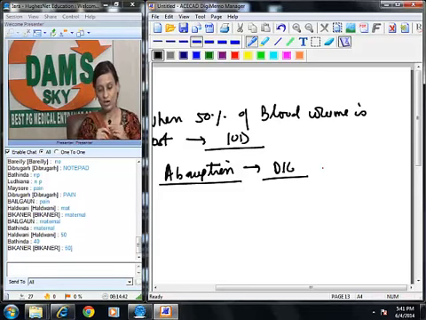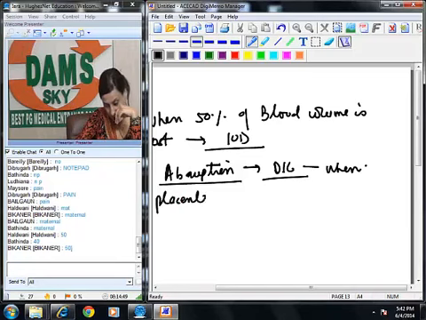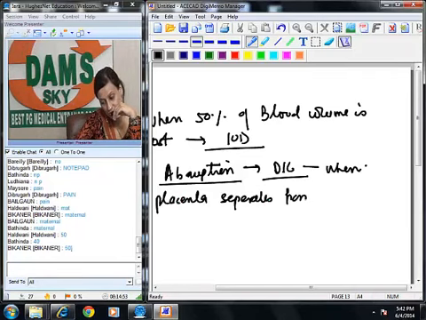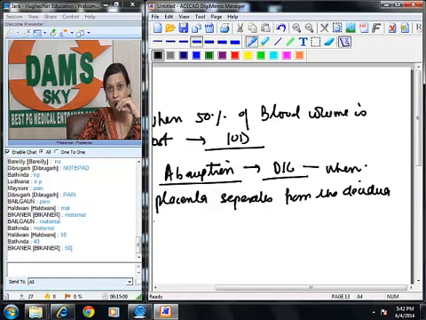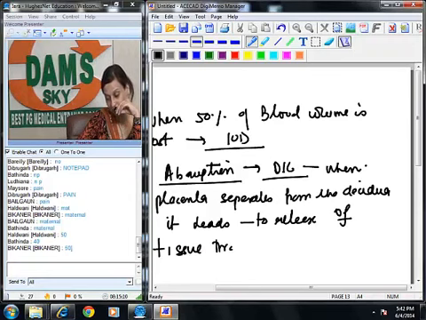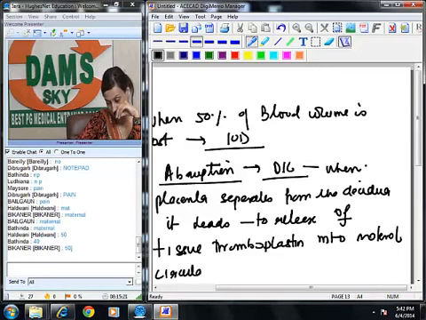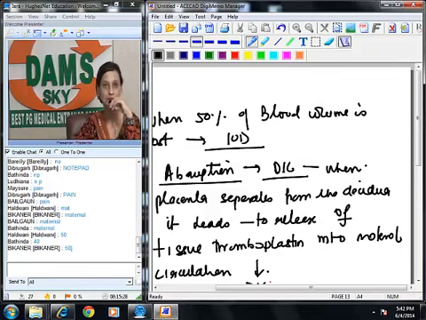The cause is that when the placenta separates from the decidua, it leads to release of tissue thromboplastin into maternal circulation, and it is this tissue thromboplastin which initiates the process of DIC, right?